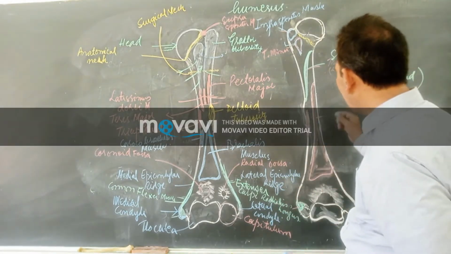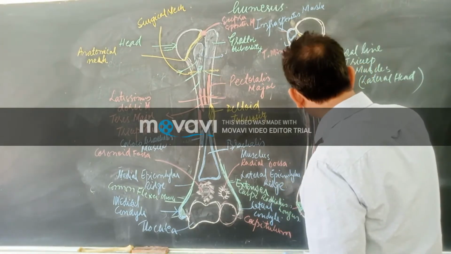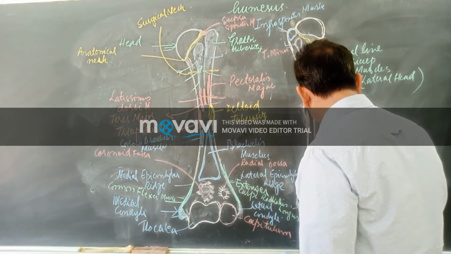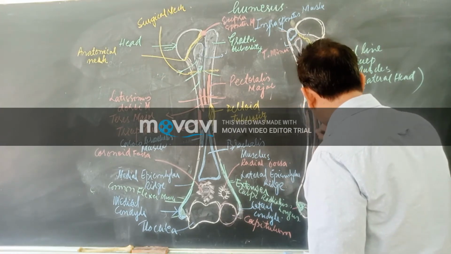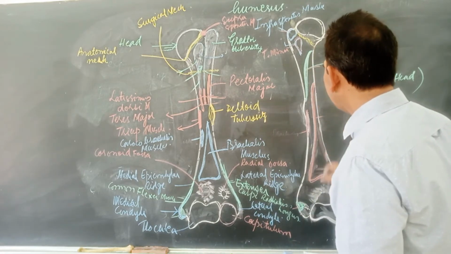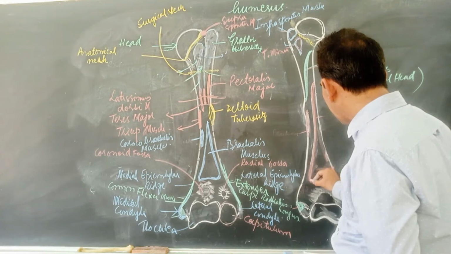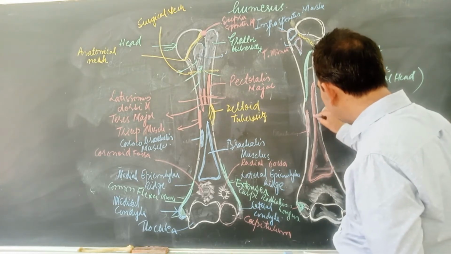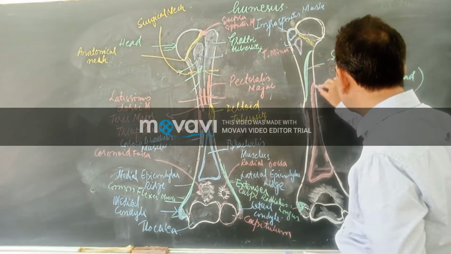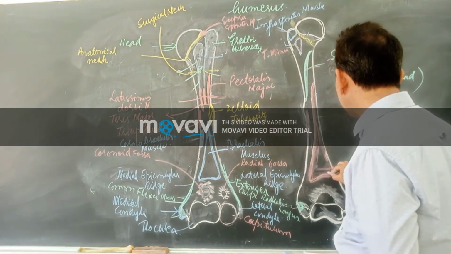Now we come to the posterior side of the shaft of the humerus. On the medial side, the major portion is covered by muscles, a triangular surface area.